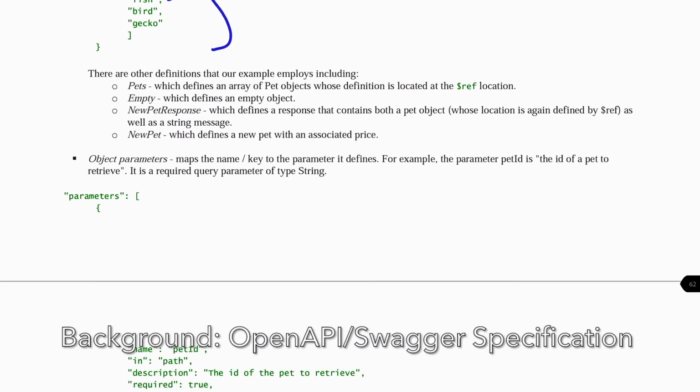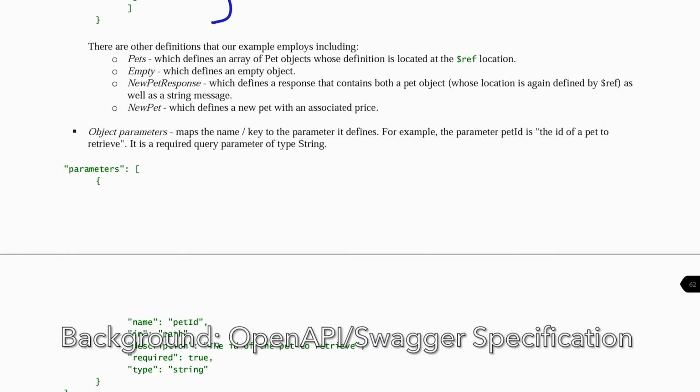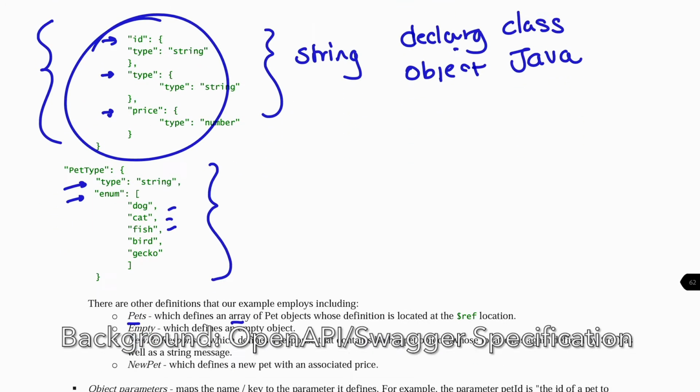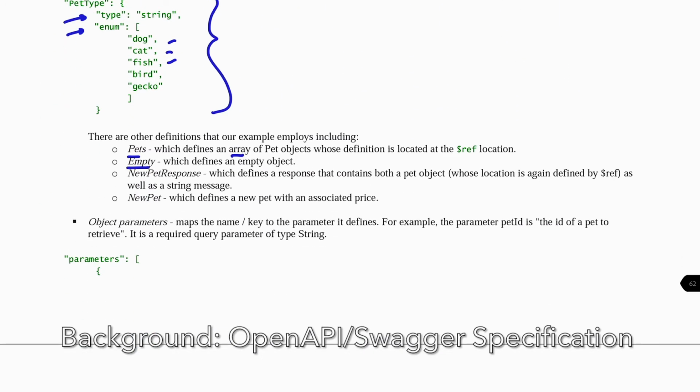There are other definitions that we're going to see in our example, but I don't consider these to be base definitions because they are based on those two. So for example, pets, which defines an array of pet objects whose definition is provided right here. We have empty, which returns an empty object.